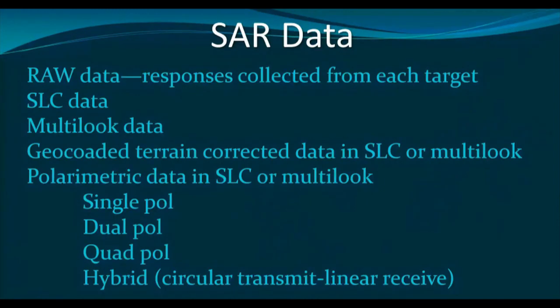We may have dual pole data, single polarization or dual polarization we can get, but we cannot get quad polarization. Quad polarization, or four different polarized images, is only possible in case of linear polarization.